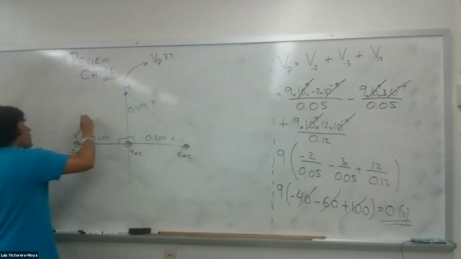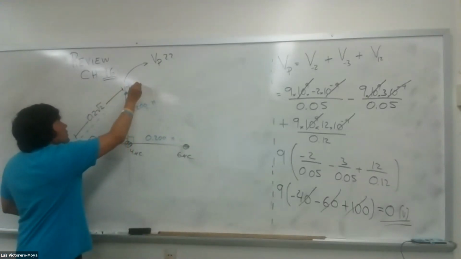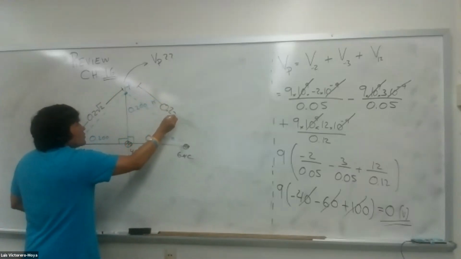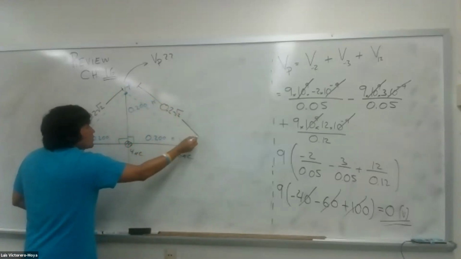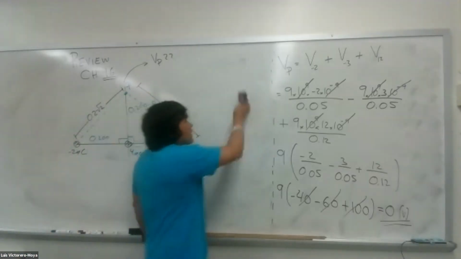This is 0.2 root 2. And this also is 0.2 root 2. Right? So I have the distances there.